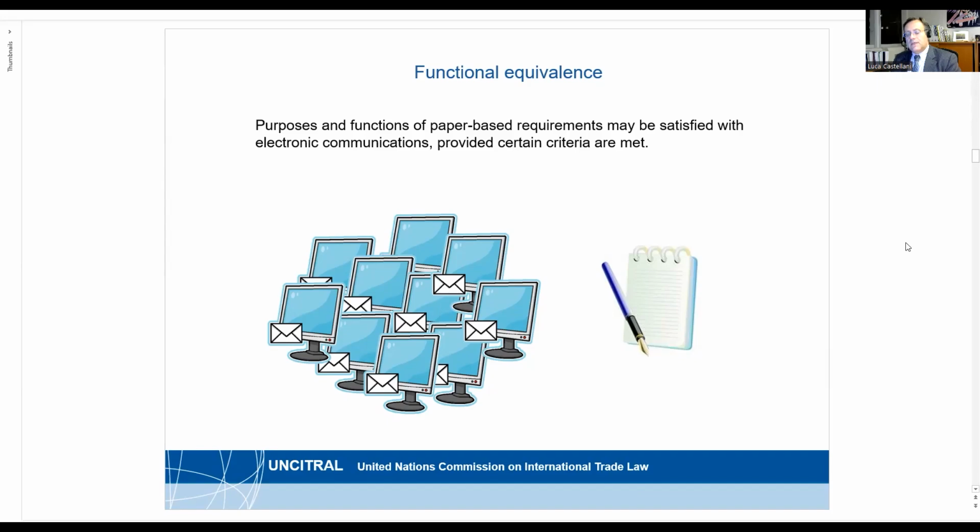And the solution that UNCITRAL has suggested, and that has been very successful, is not to look at the procedure or the method itself, but to look at the goal that is pursued by asking that form requirement. So the question is, what is the function?